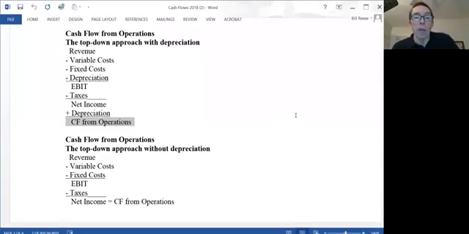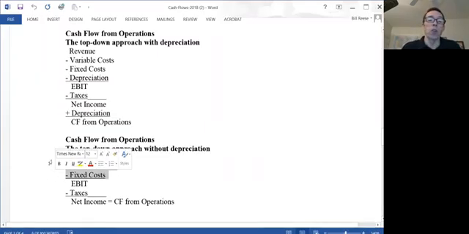Now, if we don't have depreciation, if we are doing capital expenditures, then when we bought the capital good back in the past, we subtracted it from our revenues in the year that we purchased it. So now we're not going to be taking out any depreciation. If we are buying a capital good this year, that's going to be coming out in a cost here. So at any rate, there's no subtraction of depreciation.